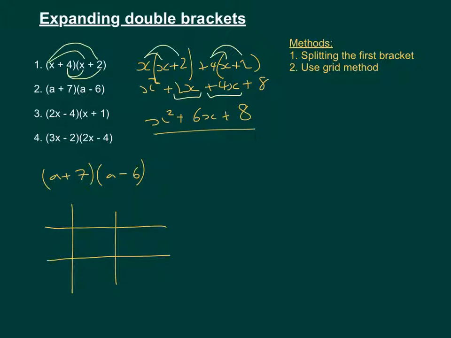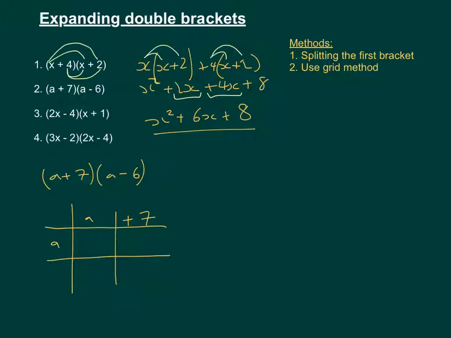So I'm going to put this bracket on the top, a in this first box and plus 7 in the second box, and the second bracket goes down the side, a here and then minus 6.